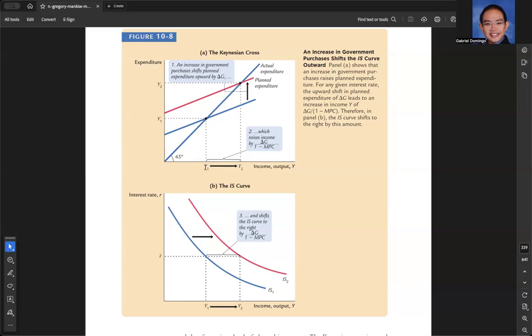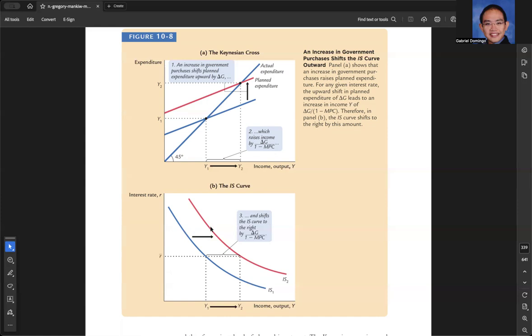Now, if Y, or real GDP, goes up because of this exogenous change in planned expenditure, then you will see that for any given R, Y will go up, right? So for this R bar, instead of Y1, it's going to be Y2. For any other R, it's going to also increase Y from whatever the Y is in this blue IS curve. It's going to shift it to the new Y in the IS curve.